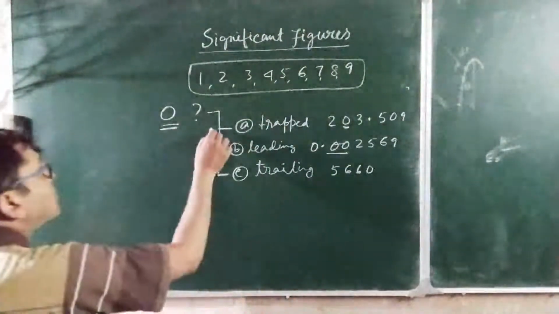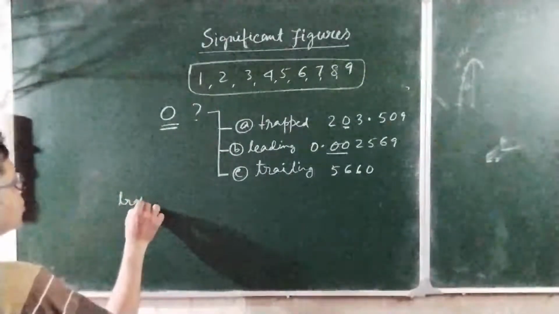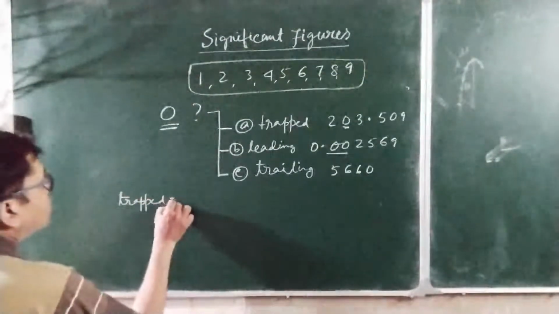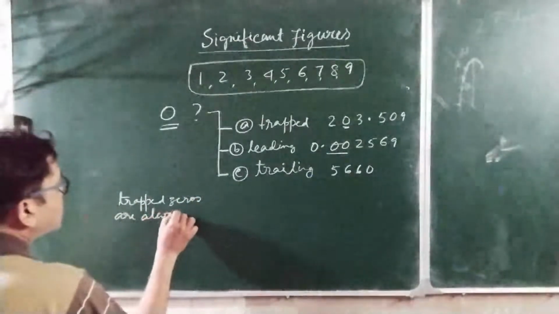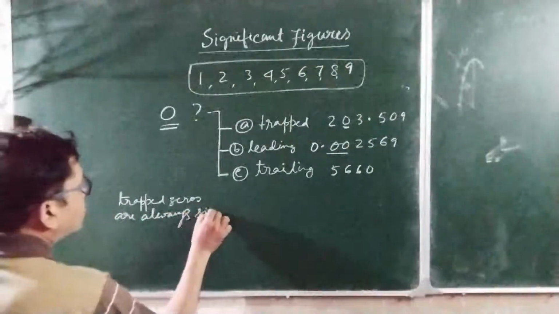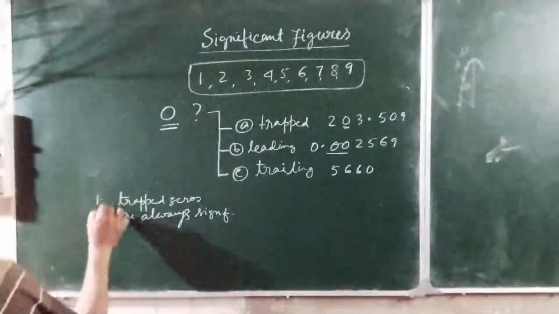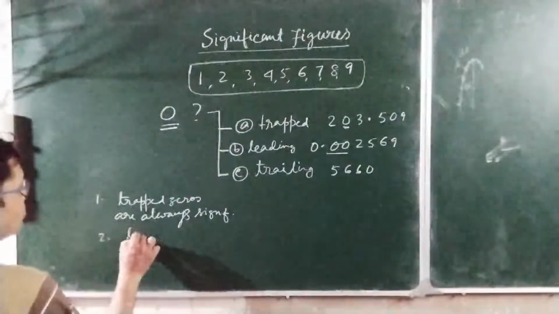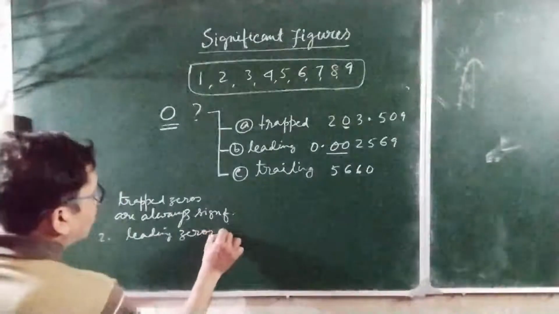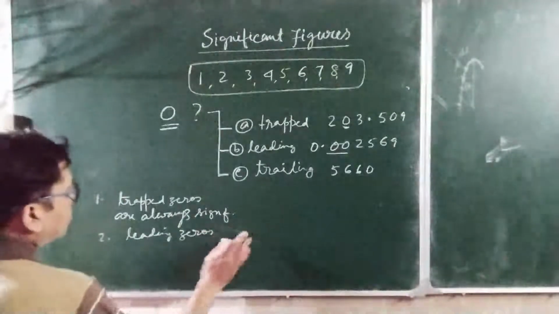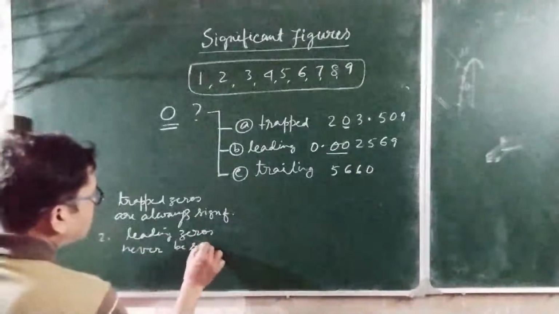So let's write down the rules. Trapped zeros are always significant. Leading zeros can never be significant.